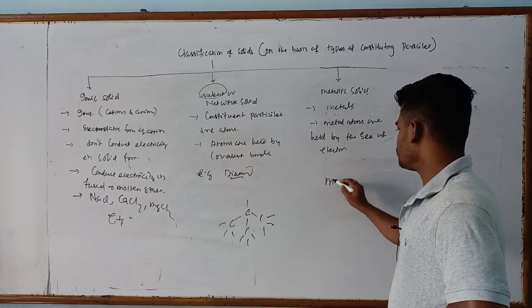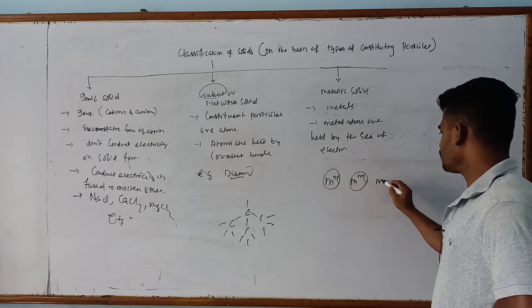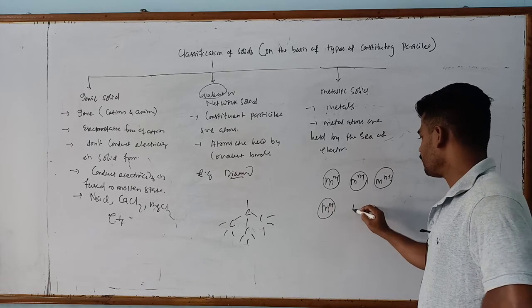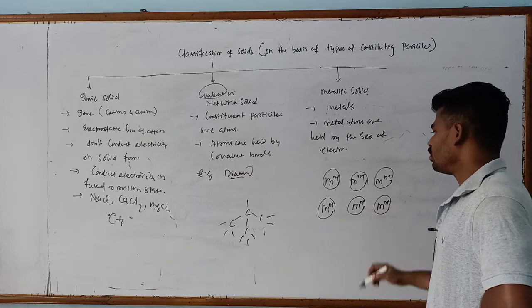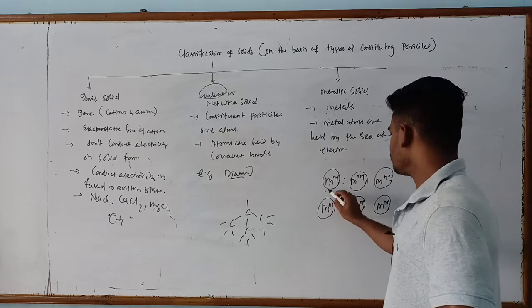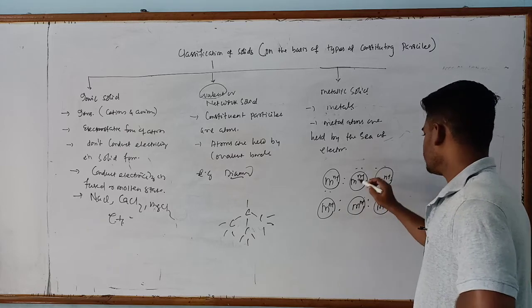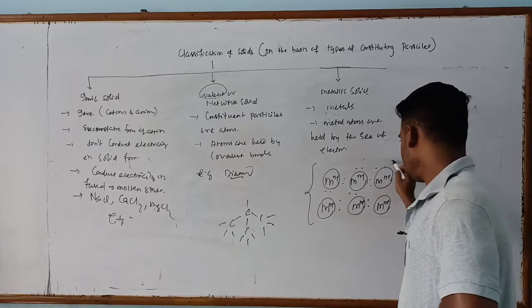You see, these metal atoms are positively charged metal ions, Mn plus. So the force responsible to hold these metal ions is the sea of electrons surrounding them. Positive-negative attraction is there, so they are held like this.